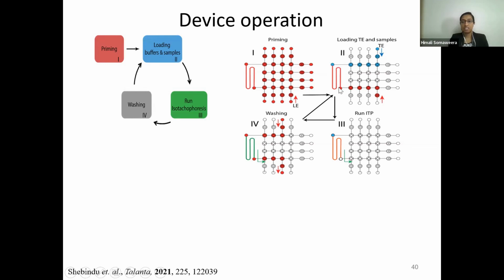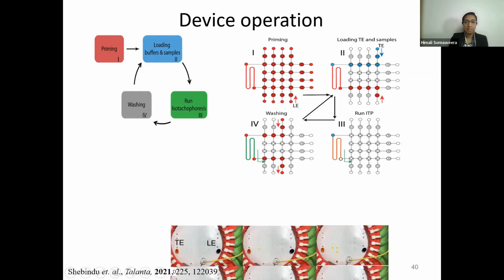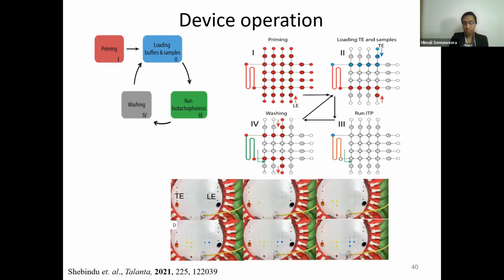Then when you apply the electric field, the TE buffer comes from this side, and the LE comes from this side, and they form the pre-concentrated band. So this is the picture, where we use just the dye to show how this works.